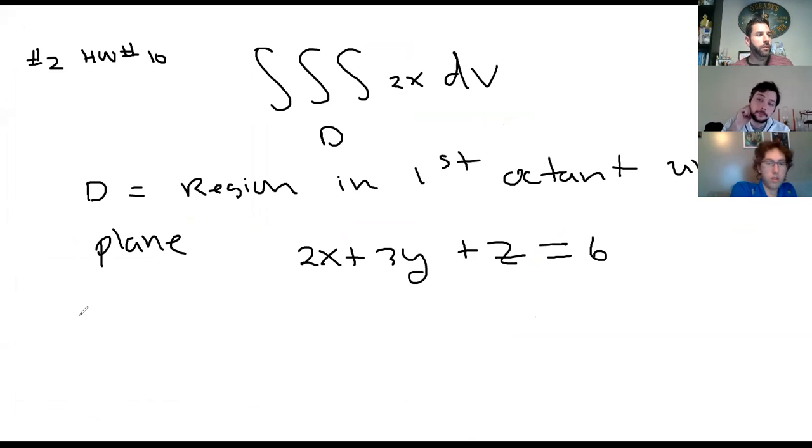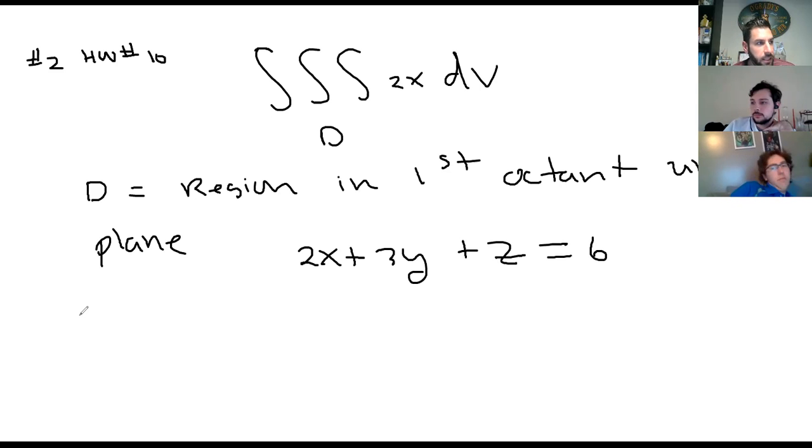So how can we visualize this thing? There are a couple of ways to think about this, and we asked you to do this early in the semester. If I set one of the variables equal to 0, then I get a line in a plane. If I set x equal to 0, I get a line in the yz plane. If I set y equal to 0, I get a line in the xz plane.